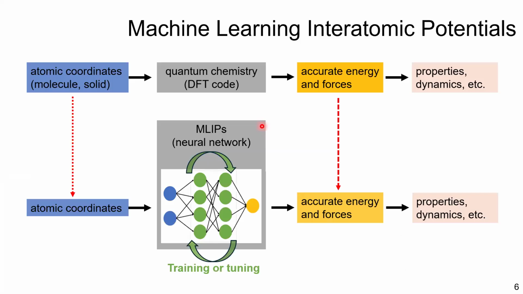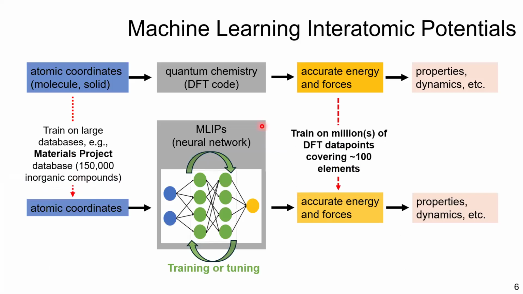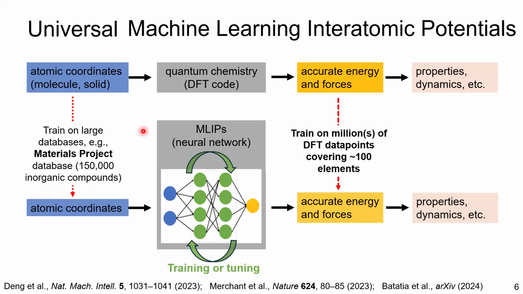Now, the recent development is that people have done training for practically the whole periodic table, training on large databases of inorganic materials where you have millions of DFT computations. And that's very great. Now you can call these universal machine learning potentials. So that's how terminology has evolved.